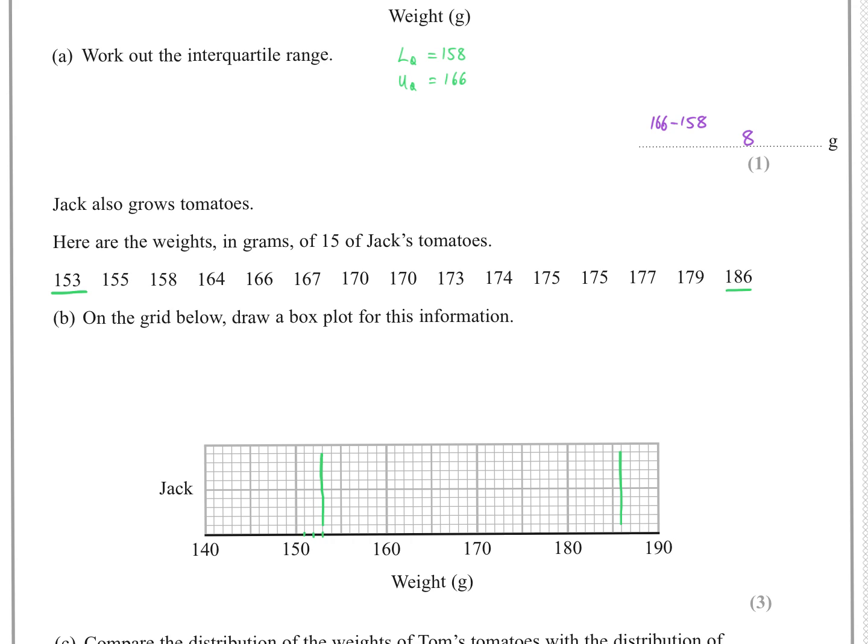Well, if we have 15 tomatoes and they're ordered in size order, then we've got 1, 2, 3, 4, 5, 6, 7 this way, and then 1, 2, 3, 4, 5, 6, 7 this way, leaving us 170 in the middle. So the median is 170.